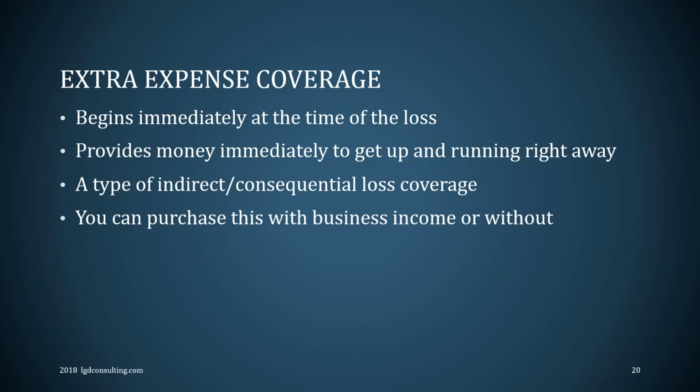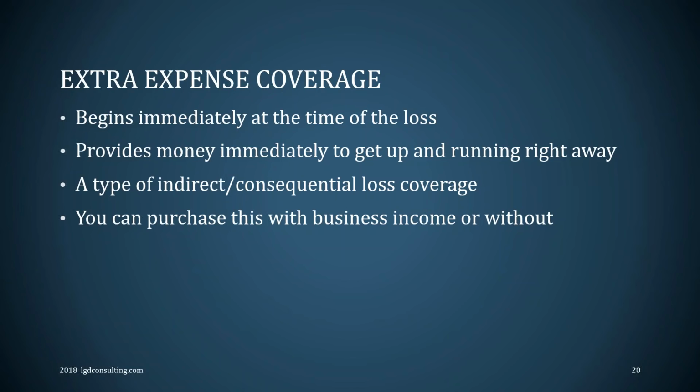So lo and behold, your newspaper print shop burns down. Well, with a daily newspaper, you need to get newspapers out on the street that next day. And so extra expense can provide funds immediately to get a location, get equipment, print your newspapers, and get them out on the street right away. Okay? Because the sooner we get you up and running, the less we're going to spend in claims.